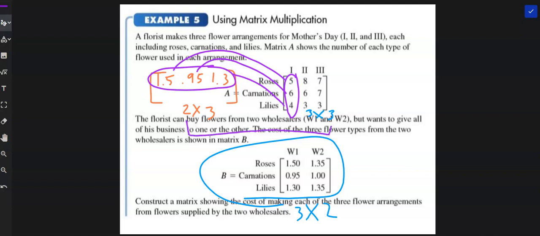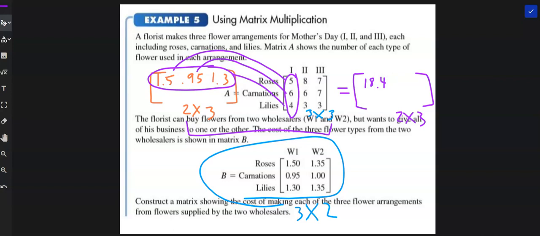We know that the outside dimensions give me the answer, so we're going to have a 2 by 3. And we would go through the process of multiplying those. I'll try to do the first one quickly. 1.5 times 5 plus 0.95 times 6 plus 1.3 times 4. 1840. So wholesaler number 1 is going to charge 1840 for arrangement 1.